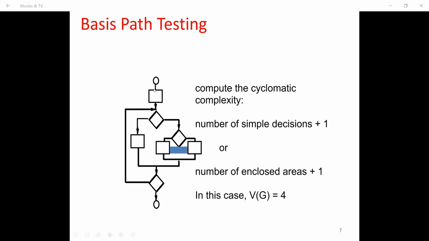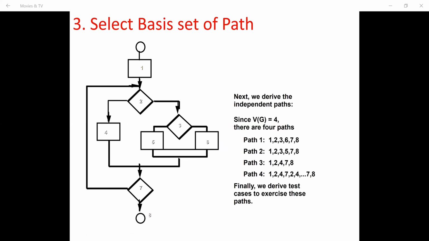Then this will be the third way, and the last one is the fourth, which is another way. So V(G) is 4. That is given, so here we select the basis set of paths.